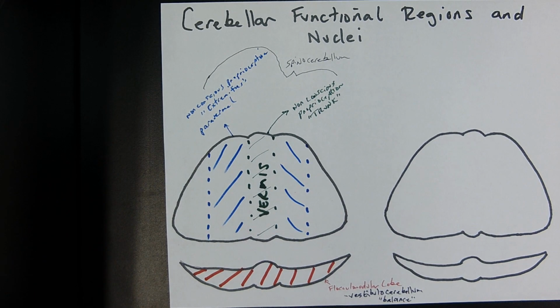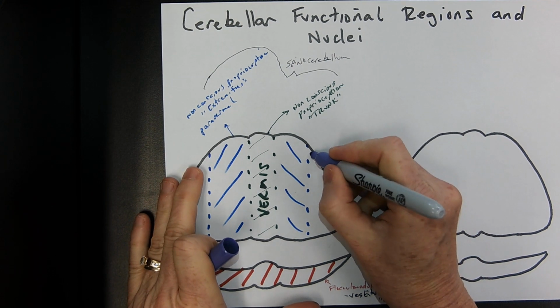No different than the dorsal and ventral spinocerebellar tracts. Your spinocerebellum receives information about how your trunk and extremities, all your joints, are positioned in three-dimensional space without you even looking. It's constant information coming in from your body. Questions? Okay, moving on.